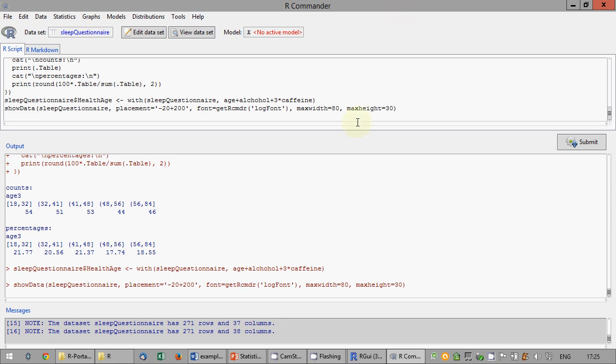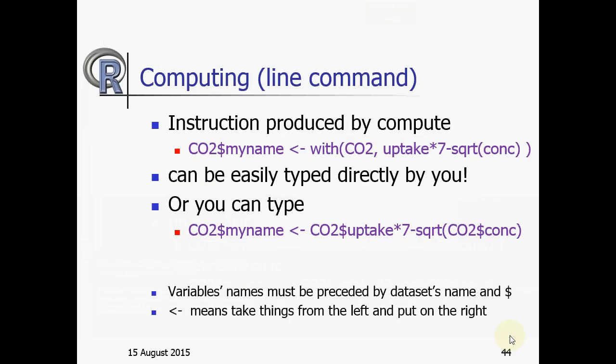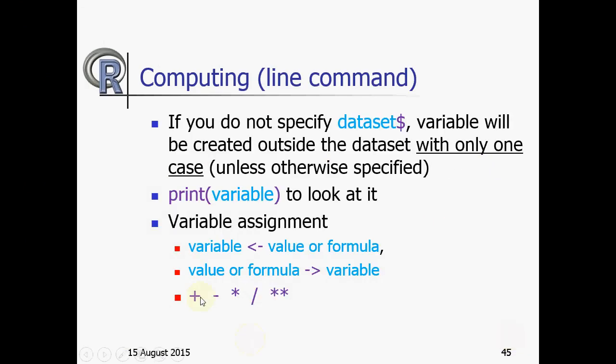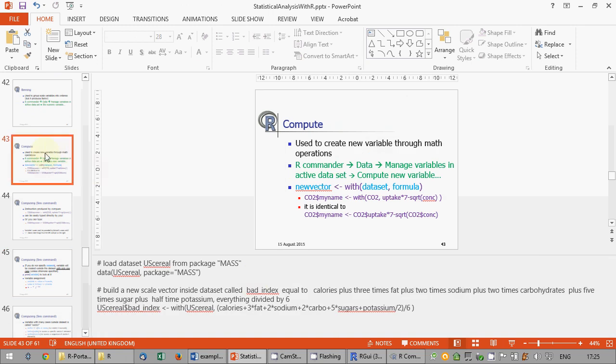The mathematical operations which are available are plus, minus, multiplication, division, and power. You have also the square root, sqrt, and the logarithm. Honestly, I seriously doubt you will use them. Maybe the logarithm, ln or log. Okay, so pretty easy.